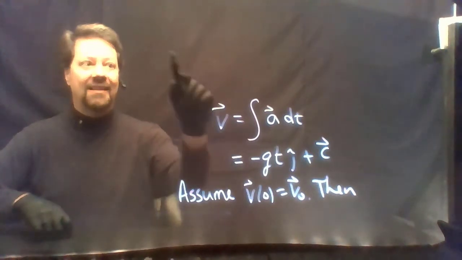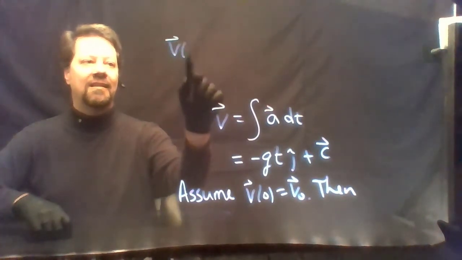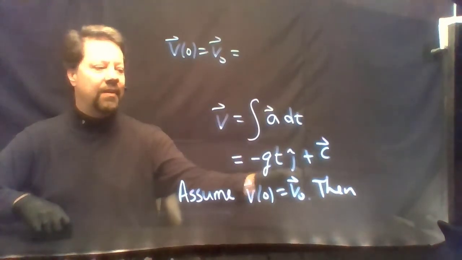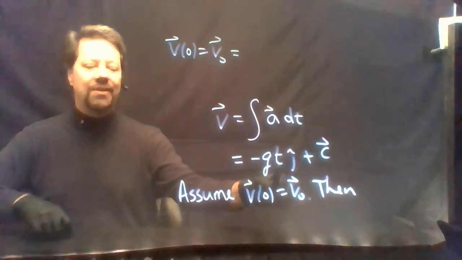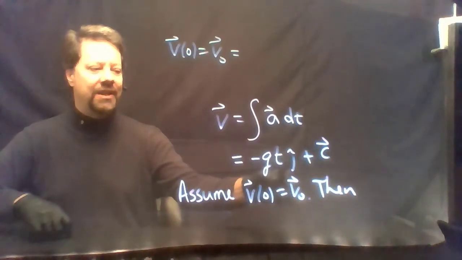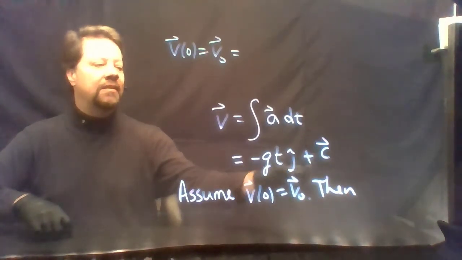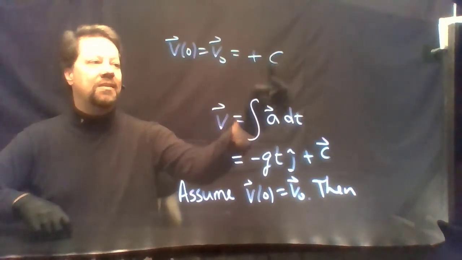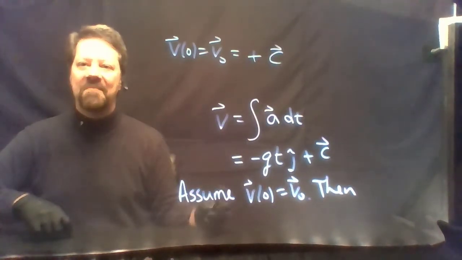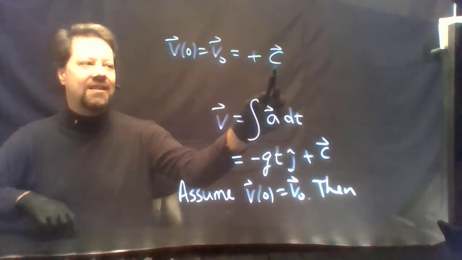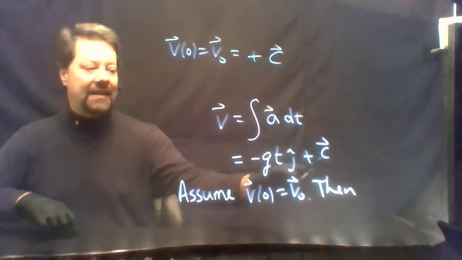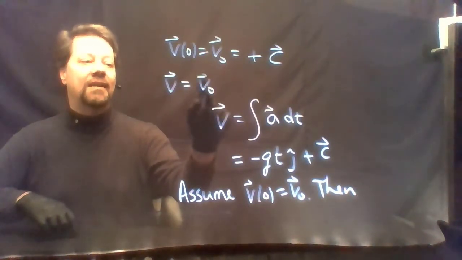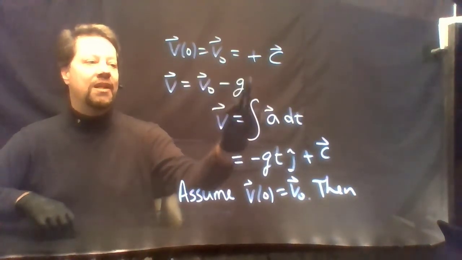If v of 0 is v0, some constant vector, when we plug t equals 0 into the minus gtj term, we get 0 there, plus the constant vector c. Knowing that the constant vector is the initial velocity, that tells us that the velocity is v0 minus gtj.